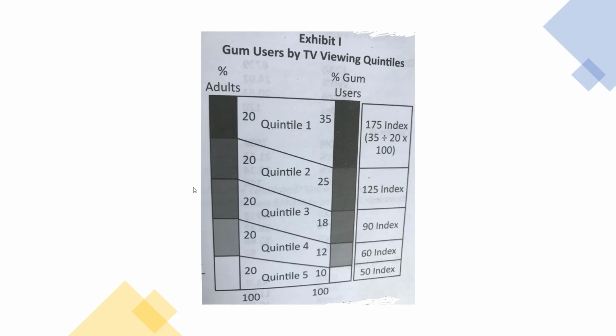If the number were 20%, gum users within the top quantile would be 100, but obviously 35% means 75 points higher than the benchmark average. So typically we look at the top quantiles, quantile 1 and quantile 2, to see whether TV would be a good medium to target gum users. The answer is definitely yes.